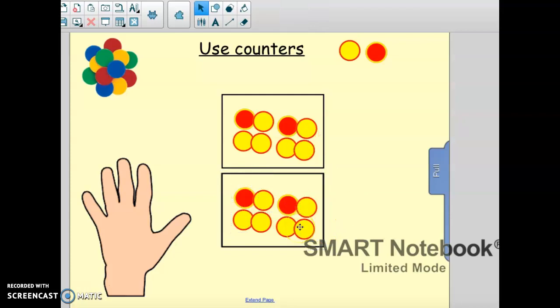So now I have 16 crayons. Or we can try if we had 1.5 boxes. So again, one of our boxes we're going to break in half. So I have 8, 9, 10, 11, 12 crayons in 1.5 boxes.